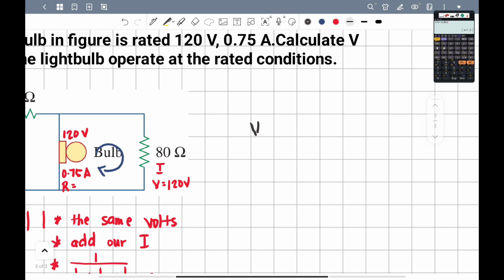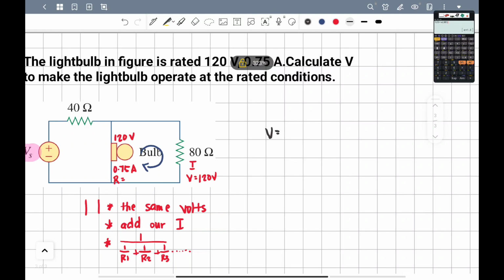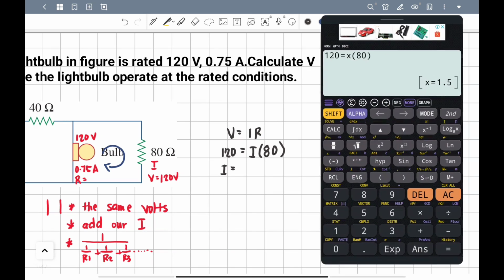the formula V is equal to IR. Given the volts, we are just to substitute the givens. We have 120 is equal to I times our resistance, 80 ohms. Okay, so we can now compute using our calculator. Here's our calculator.